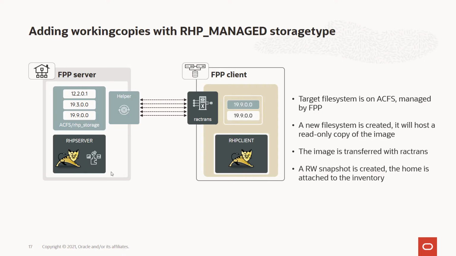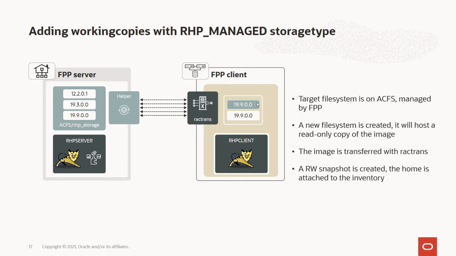So the white part that we see here is the gold image that is immutable, and the read-write snapshot that is created on top of it will be the final Oracle home that is writable and will be used to run the databases.